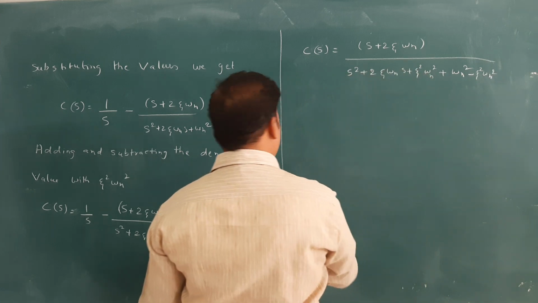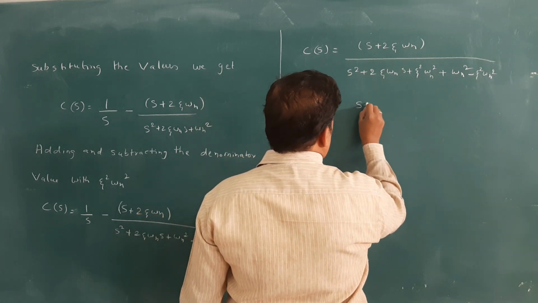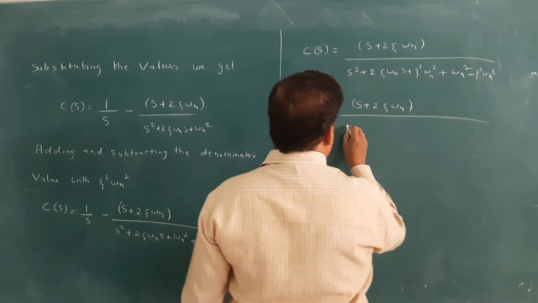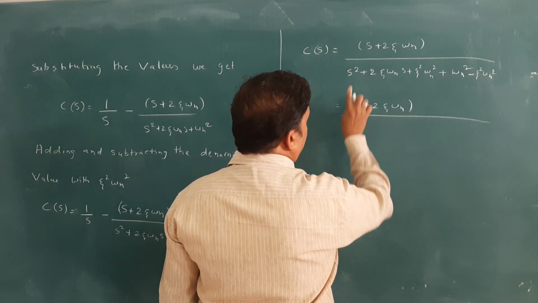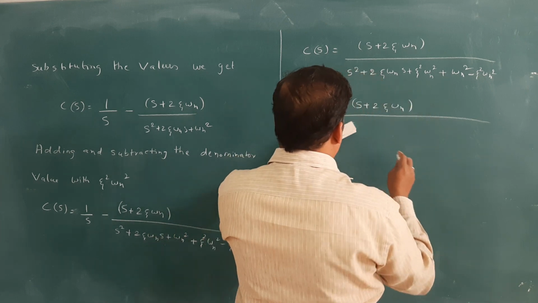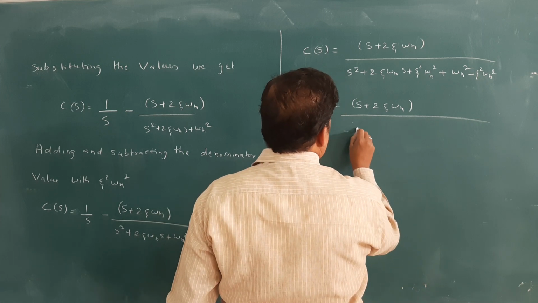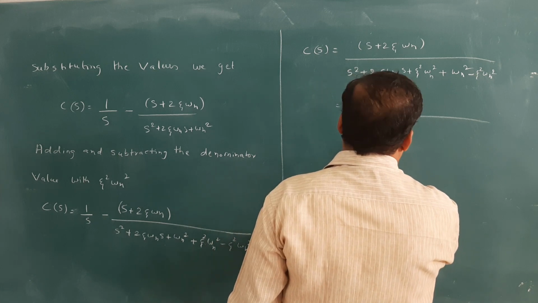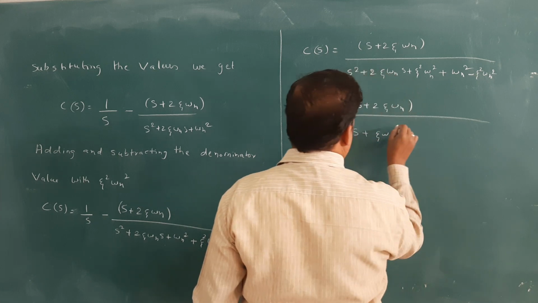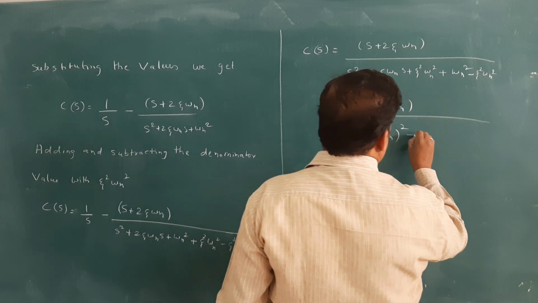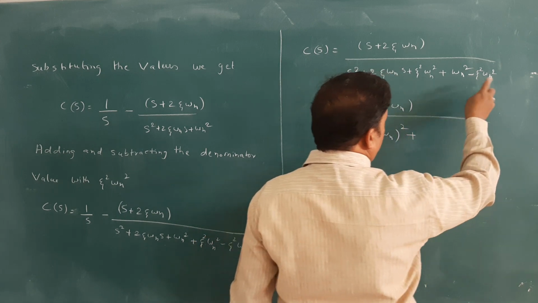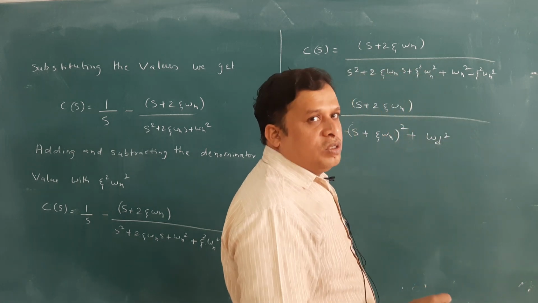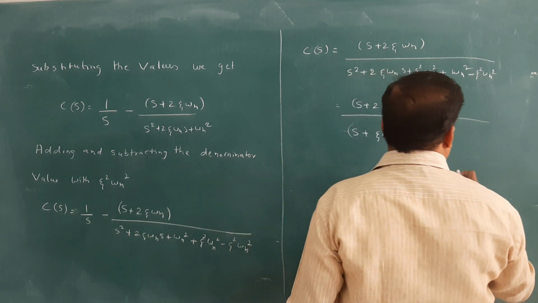So I have shifted these terms to get the value (s plus 2 zeta omega n) divided by s square. What is this? It is the a square plus b square plus 2ab form. So I can write this as (s plus zeta omega n) whole square, completing the terms, plus omega n square minus zeta square omega n square, which is nothing but your omega d square. Why? Because omega d is equal to omega n into square root of 1 minus zeta square.